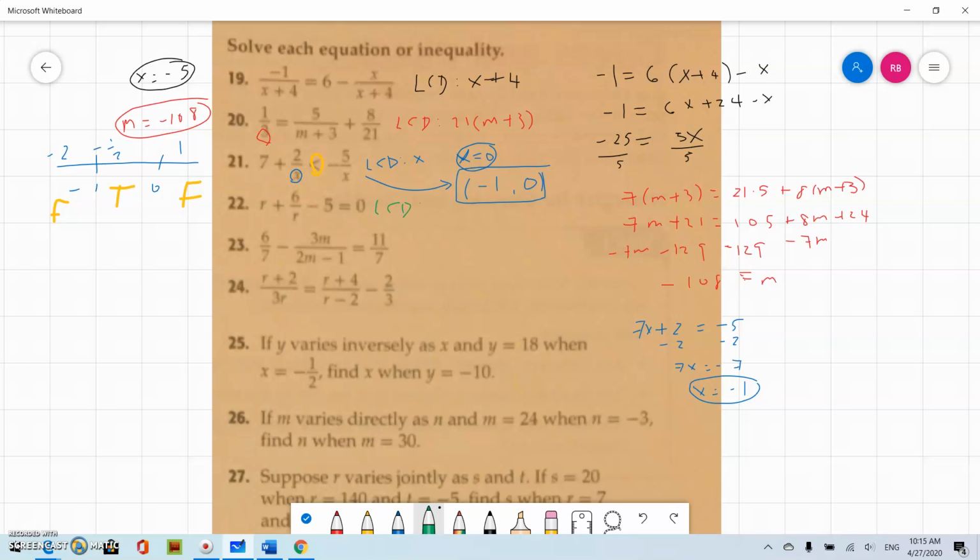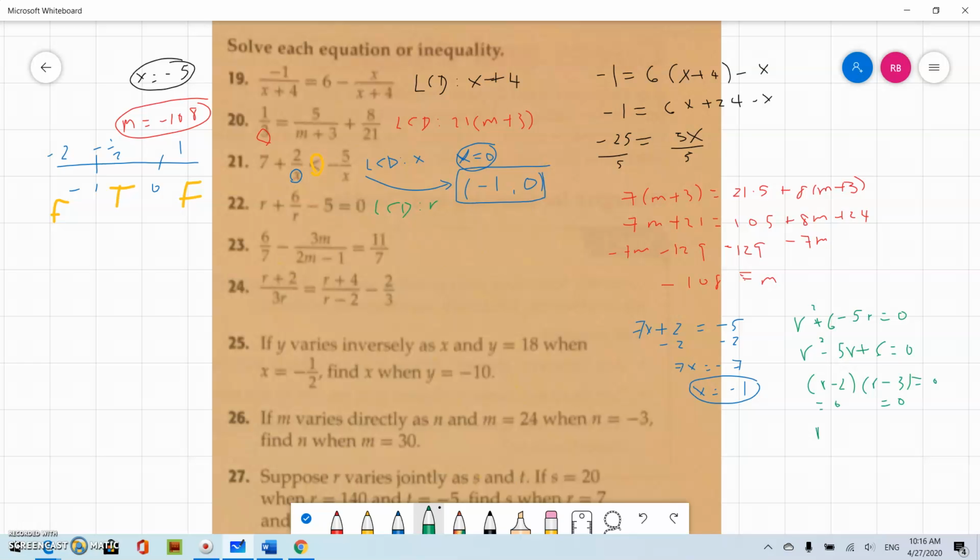Number 22, same thing. The LCD is r, so I'm going to multiply r to everything. r squared plus 6, minus 5r. And I'm going to make it look like standard form. And because I see a square, I need to factor. So these are the two r values, right?